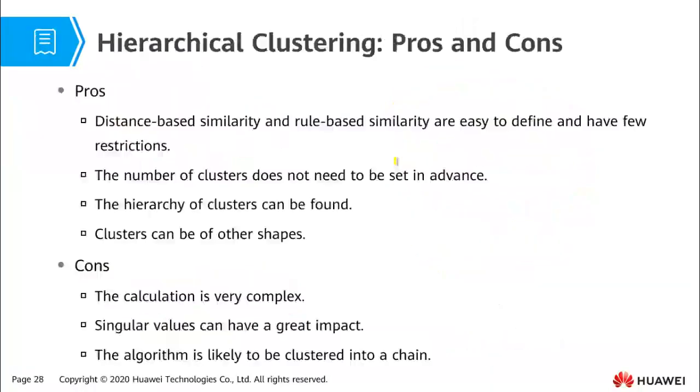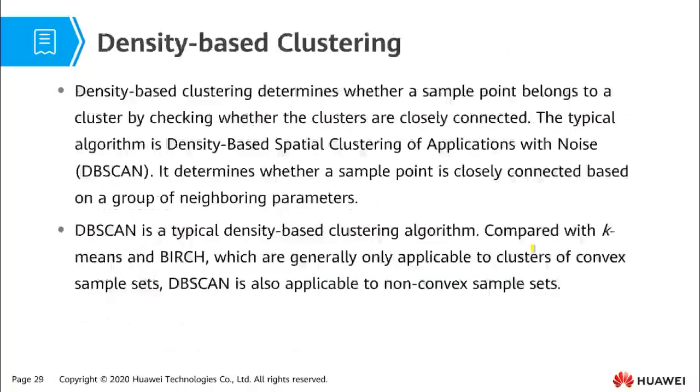The biggest advantage of hierarchical clustering is that you do not need to set the number of clusters in advance, but you can find the hierarchical relationship of clusters. In addition, hierarchical clustering can aggregate a dataset into non-convex shapes. However, hierarchical clustering requires complex calculation, and the algorithm is likely to be clustered into a chain.